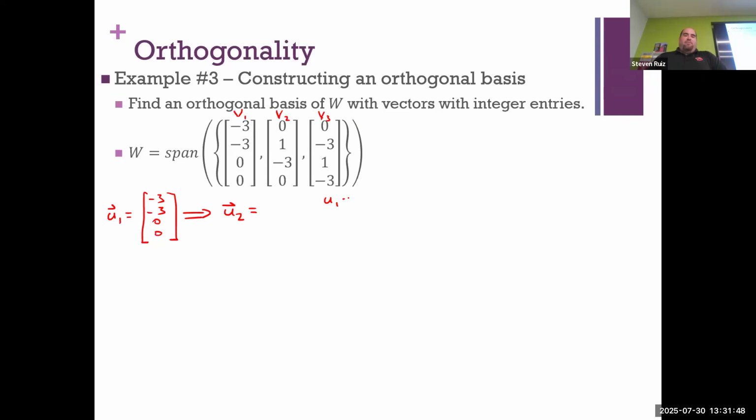So I want to find out what part of u1 shares a direction with v2 in proportion to how long u1 is. And then I want this to be in the same direction as u1. So I'm going to multiply this thing right here, that'll be a scalar, by u1. But like I said, that's the thing I want to get rid of. So what am I subtracting that from? V2.